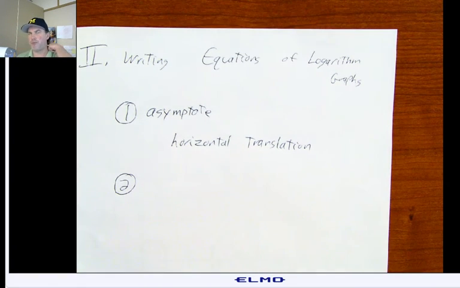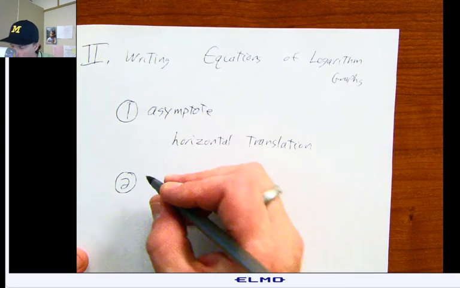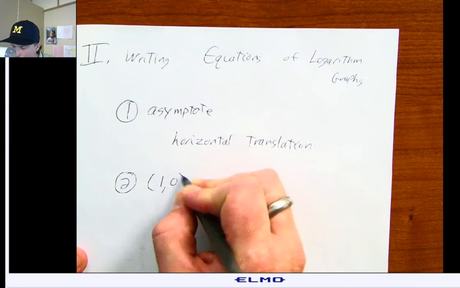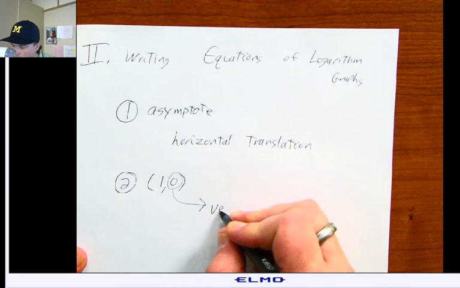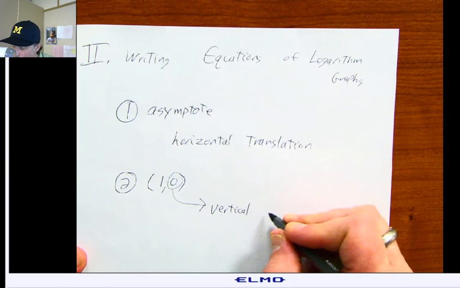If you recall, the second thing was to figure out in an exponential graph if it was going left or right, and you used the 0, 1 point. So in this case, we will use the 1, 0 point, specifically looking at the 0, and that'll tell us vertical translation.